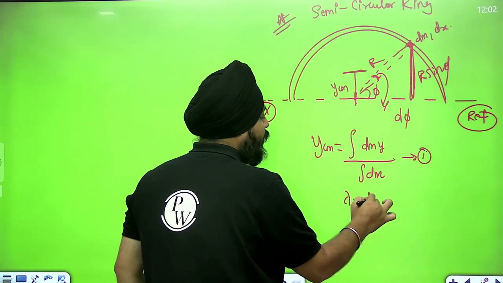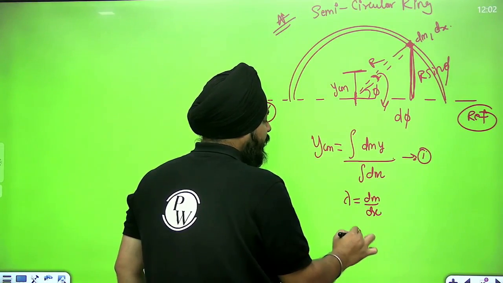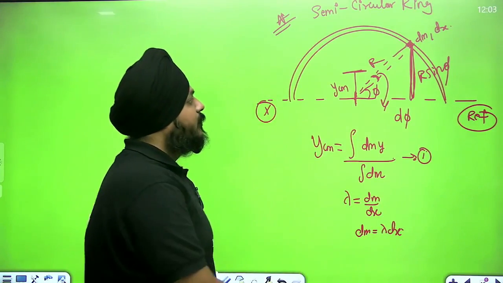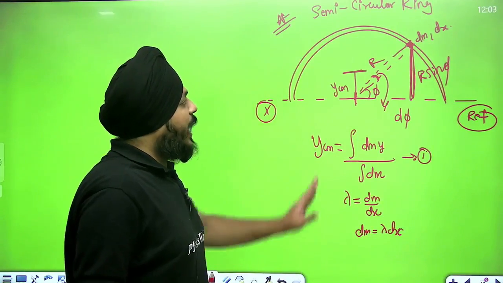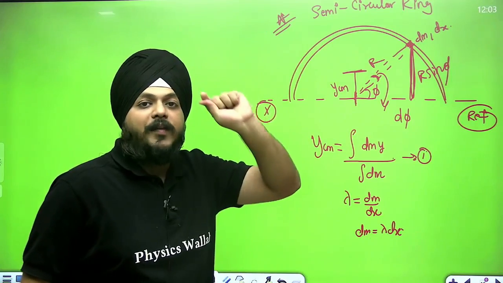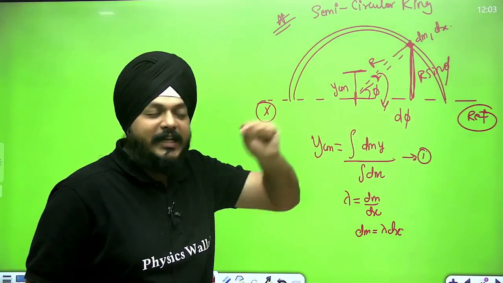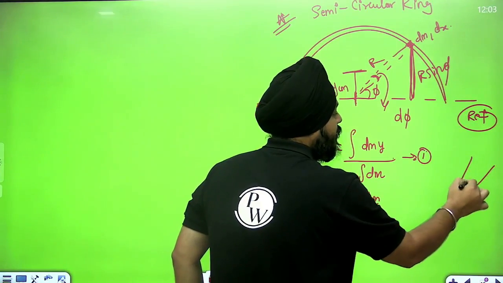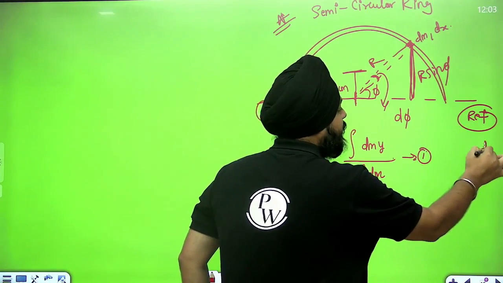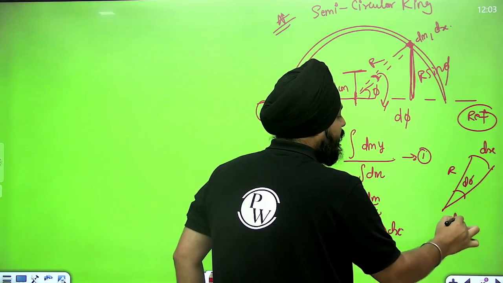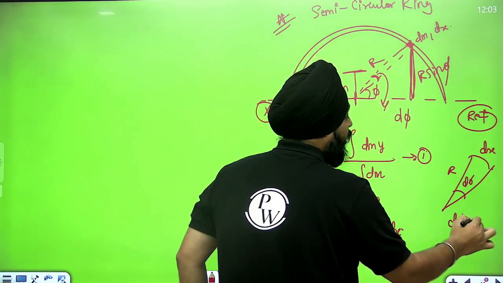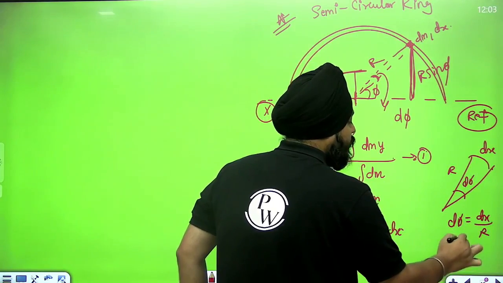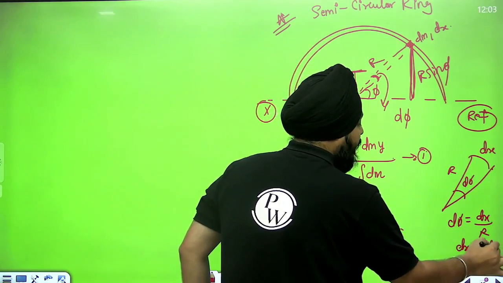Lambda is equal to dm by dx. So dm is equal to lambda dx. If I apply the small angle formula, this is d theta, this is dx, this is r, then d phi is equal to what? Angle is equal to arc upon radius, dx by r. So dx is r d phi.